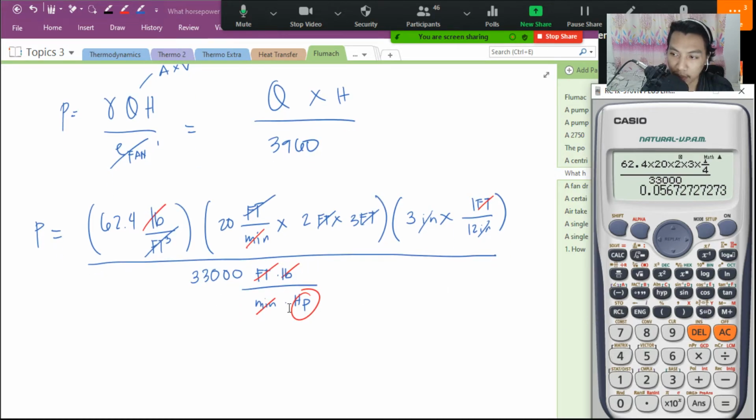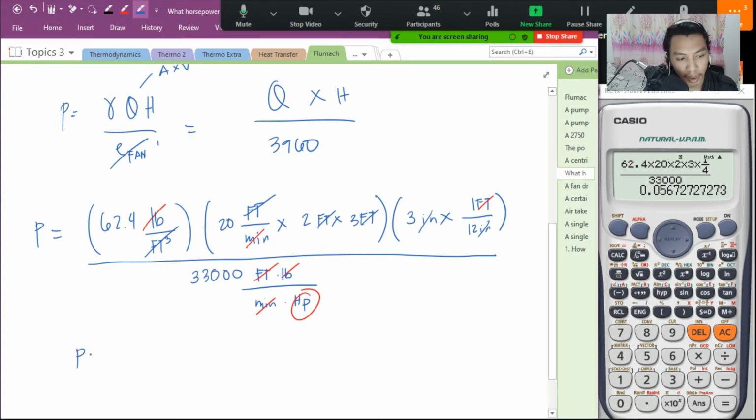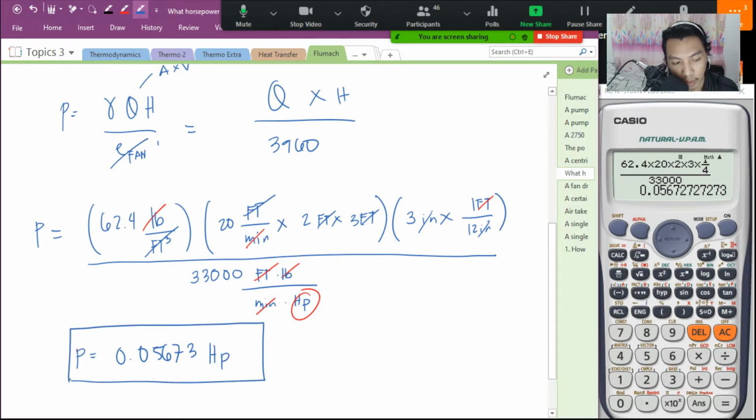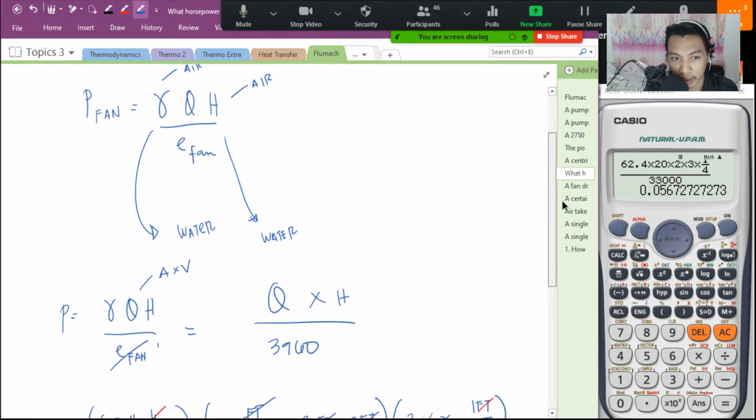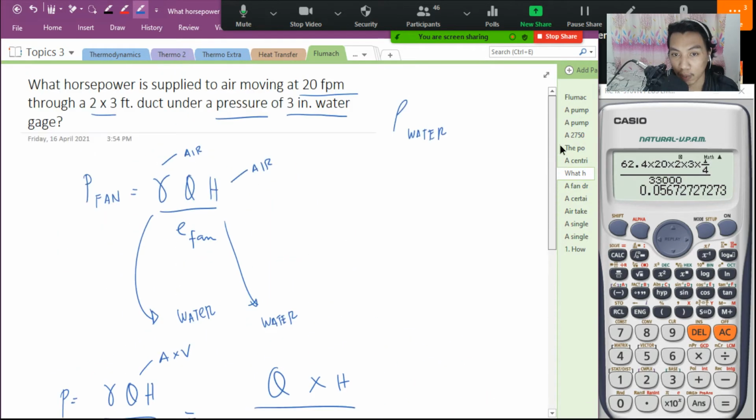So, P is equal to 0.05673 HP. Okay. Sir, solve natin siya gamit yung binigay niyo sa aming shortcut. Take note naka-water gauge yan.